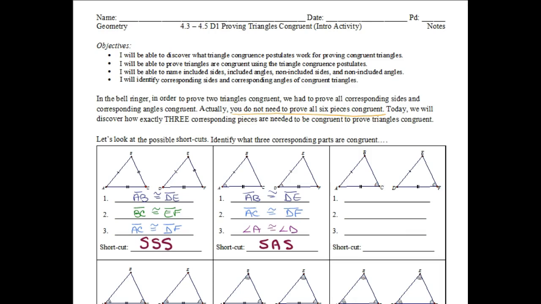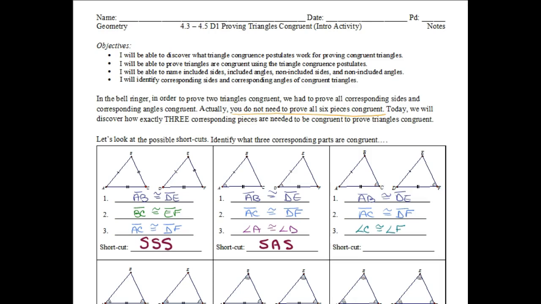For the third box on the top, please pause and write down all 3 sets of corresponding sides. In this picture, again, we have 2 sets of sides that are congruent, but this time it's the non-included angle that is congruent.